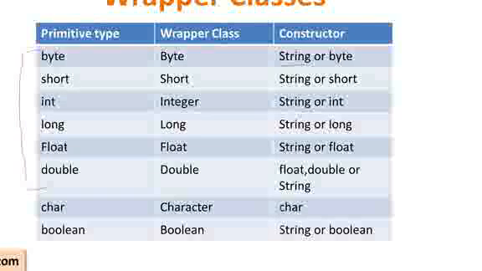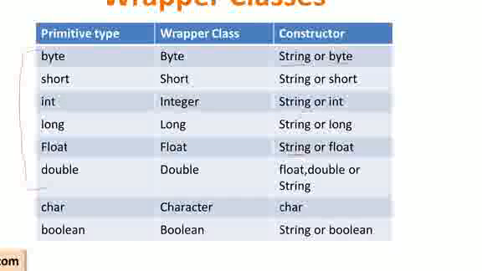So you can either pass a string to one of its constructors and get a wrapper object, or you can pass the direct primitive data type to get a wrapper object.